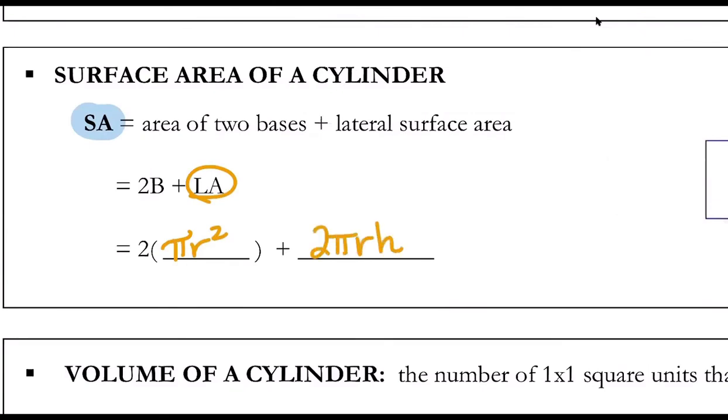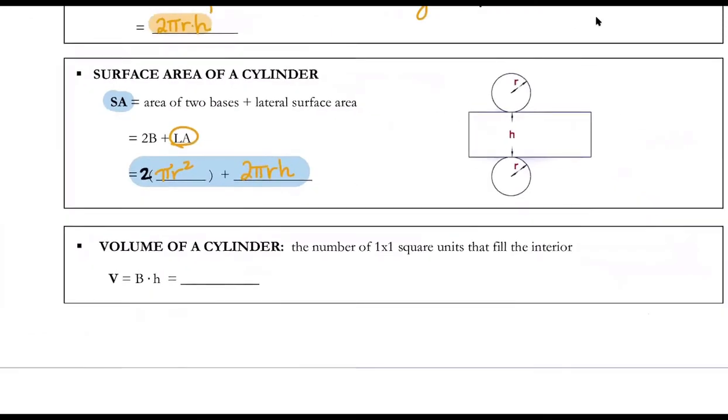Don't lose that 2 there. Sometimes students kind of overlook that too. Okay, so 2 circular bases plus the lateral area. That is the surface area of a cylinder, the total surface area.